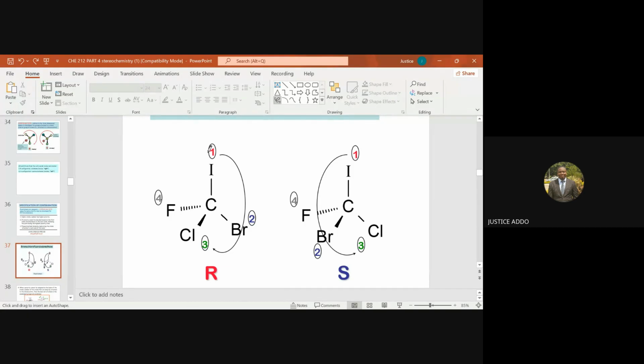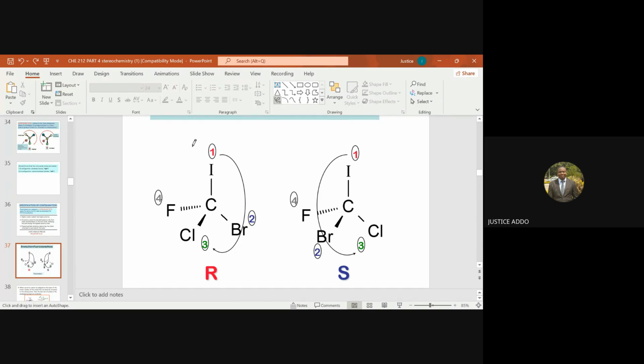So after using the Cahn-Ingold-Prelog convention to assign this priority sequence, then stand at the highest priority group, which is iodine, and move to the second, the third, and then the 4th group. Now in the movement, you see that you are moving in a particular direction. And this one follows a clockwise direction.